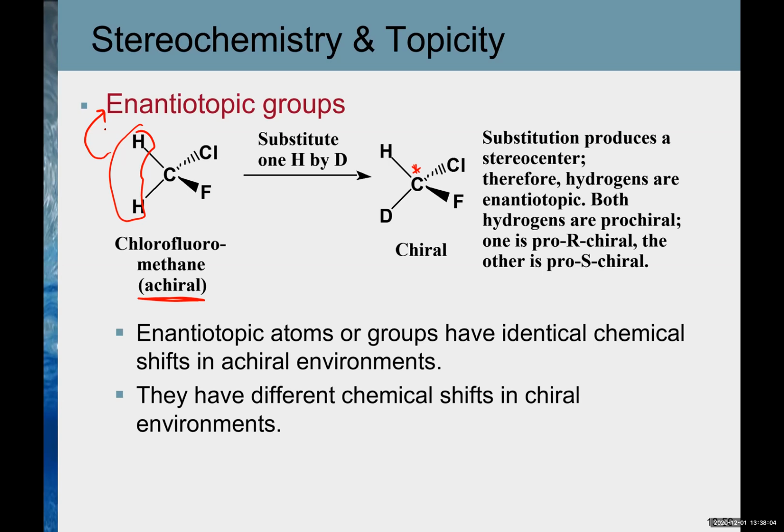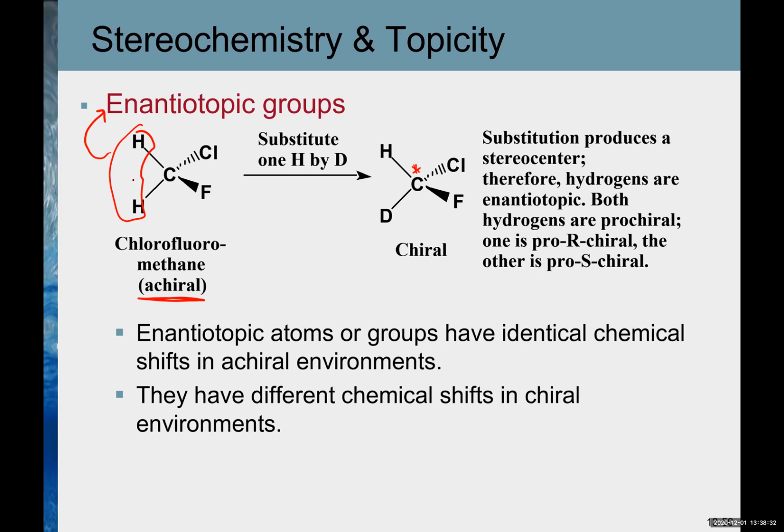Now they are enantiotopic. Enantiotopic atoms have identical NMR chemical shift in an achiral environment. However, if you put them in a chiral environment, their NMR shift will be different. An achiral environment is, for example, dissolving them in an achiral solvent and then taking the NMR.